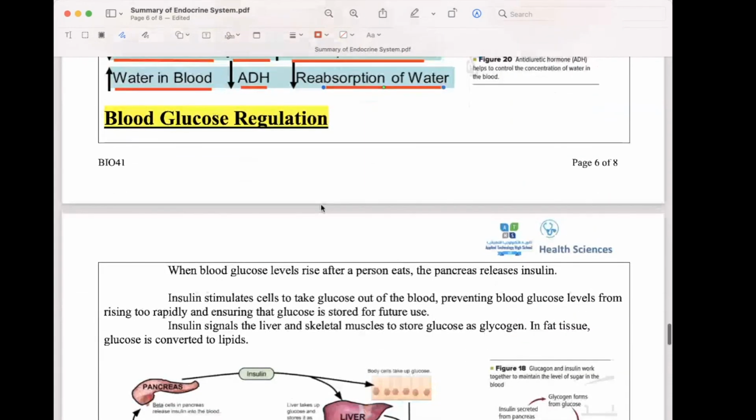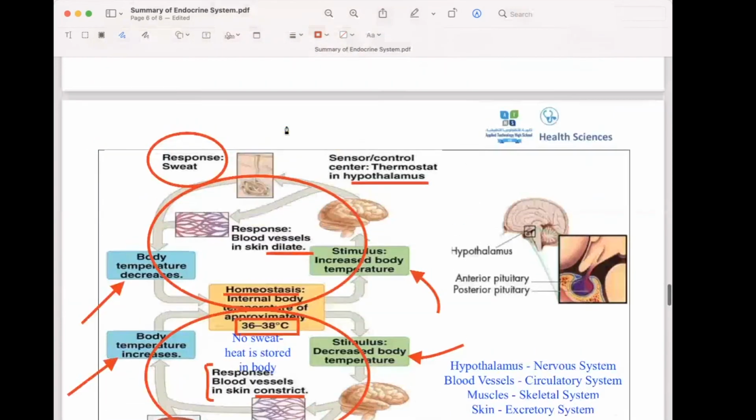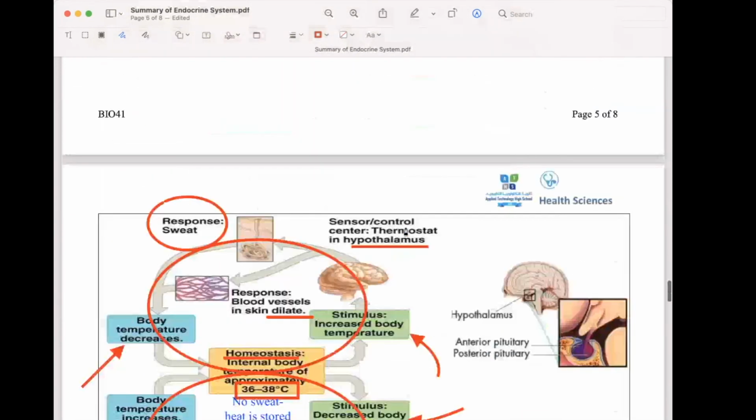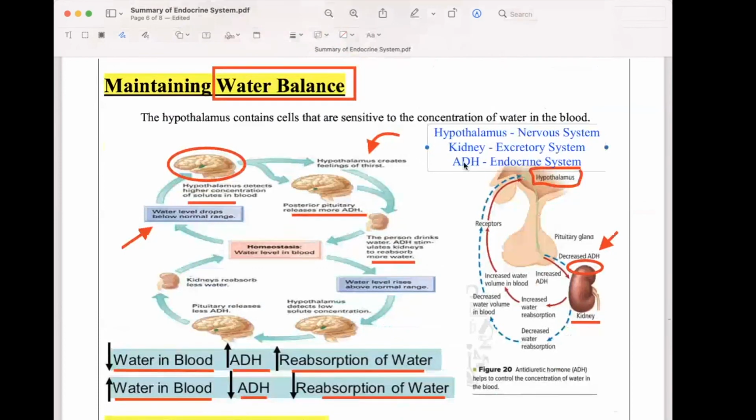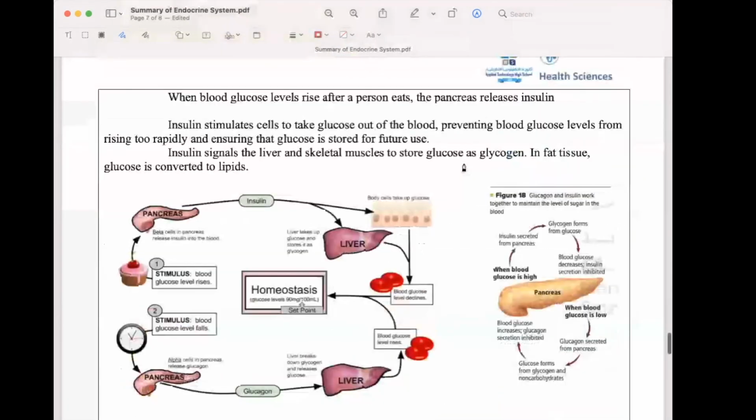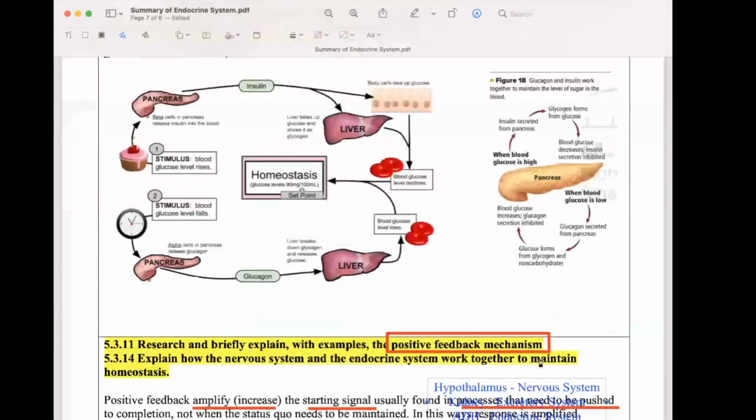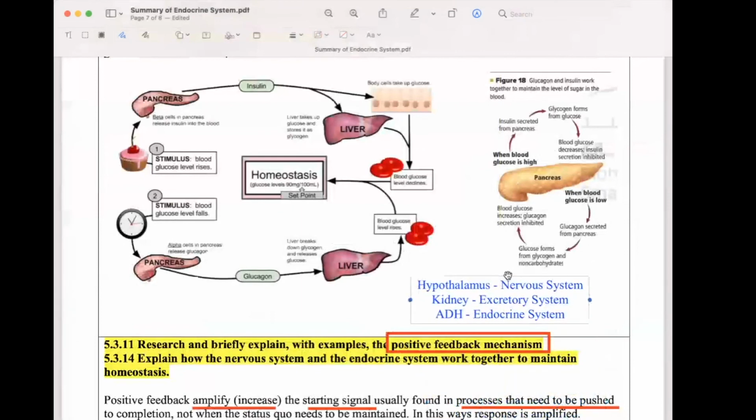One more example, regulation of the blood glucose. We will see which systems are involved in blood glucose control. There is a homeostasis. Okay, start from here. This is the stimulus.